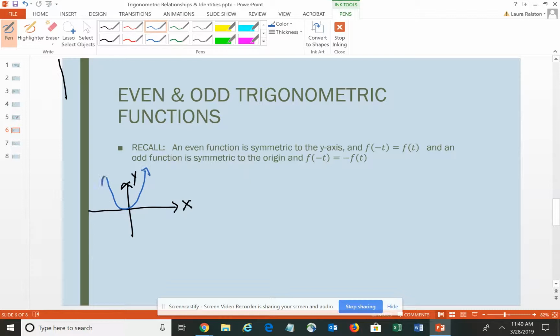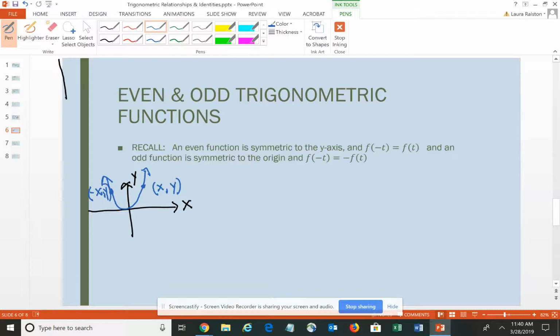You could visualize picking that parabola up and folding it in half. On that parabola, you would have the point x, comma, y, or you would also have the ordered pair negative x, comma, y, because they would fold on top of one another.